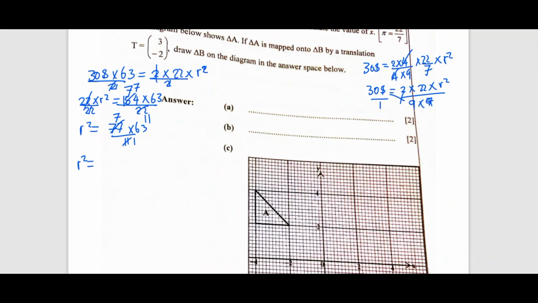Now let's multiply. 7 times 3 is 21, carry 2. 7 times 6 is 42, plus 2 is 44. So 441. So what is the square root of 441? That is the radius that we are solving for.